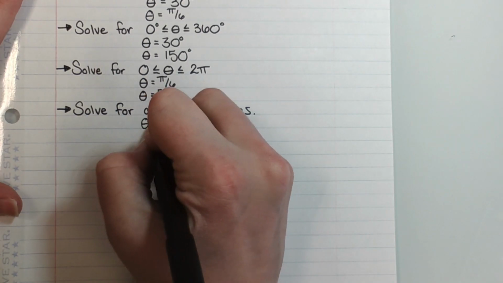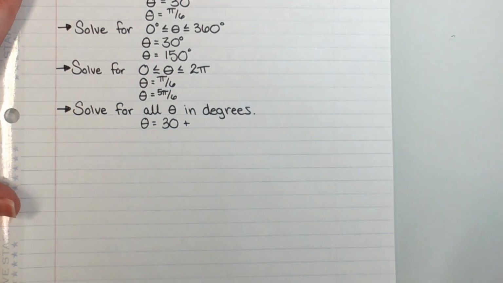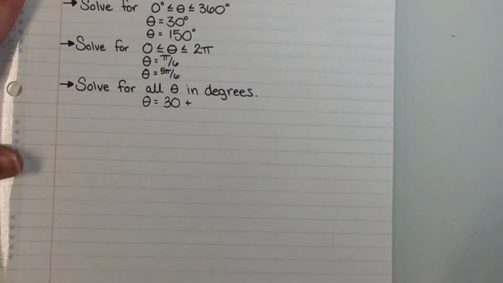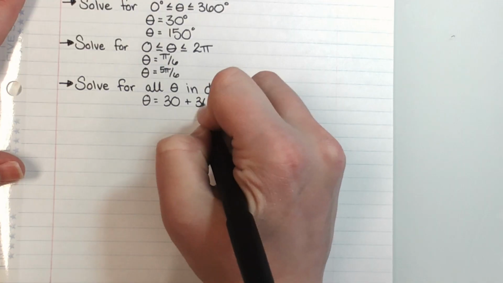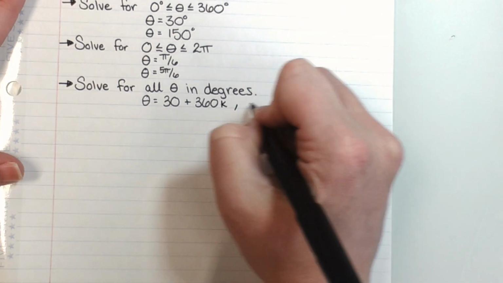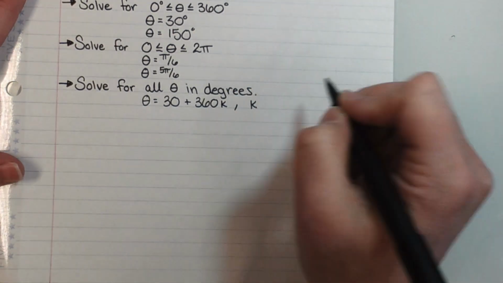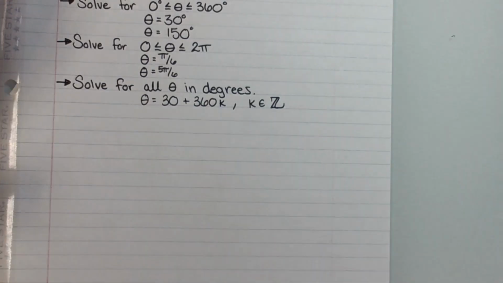So, theta equals 30 plus, not just 360, 360 what? K, where K is an integer. That takes care of every multiple of 360, positive or negative, which will take care of the minus.